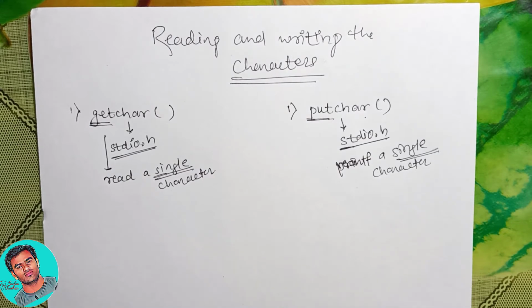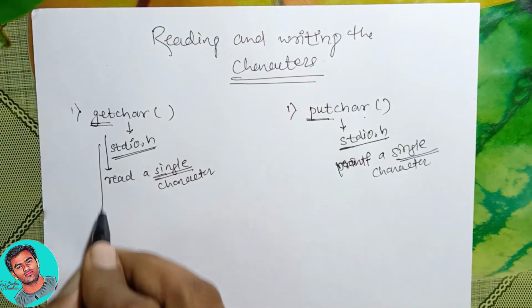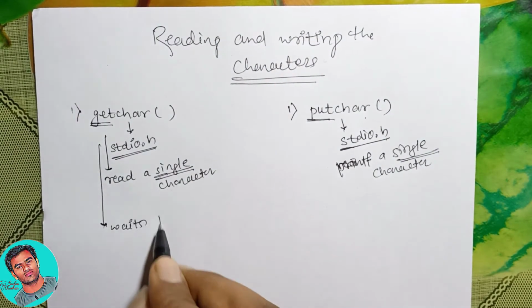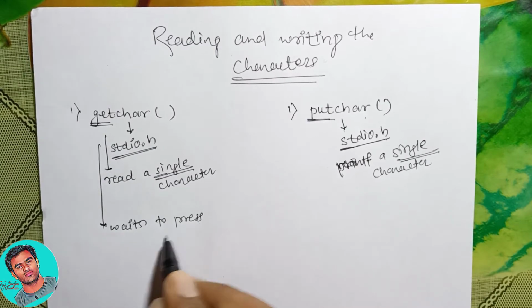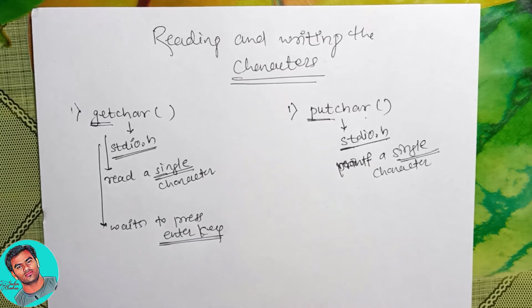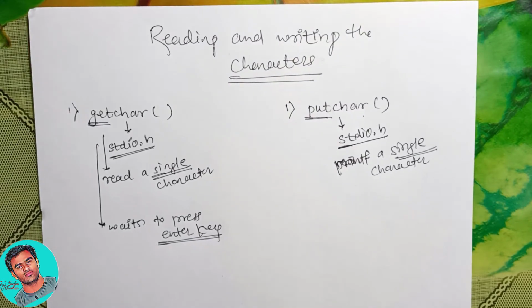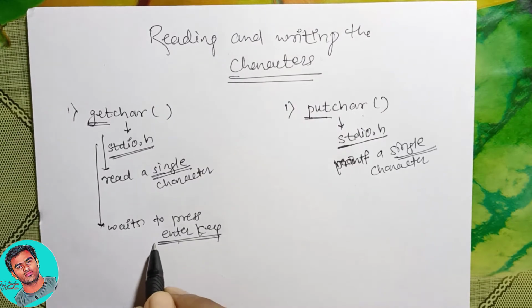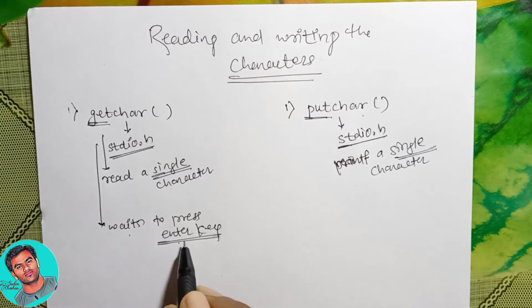There is actually another difference also. The getchar function waits for you to press the enter key. Why I am saying this, you will know after some time, but just remember that it waits for the enter key.